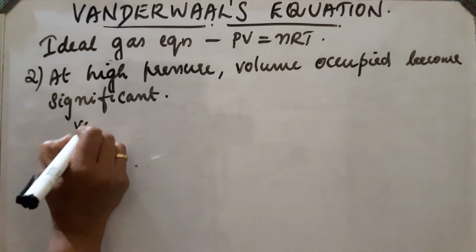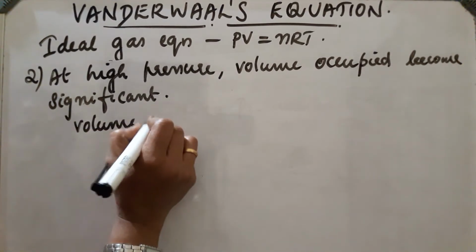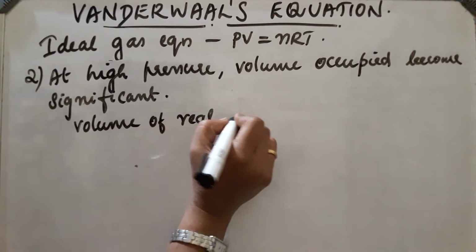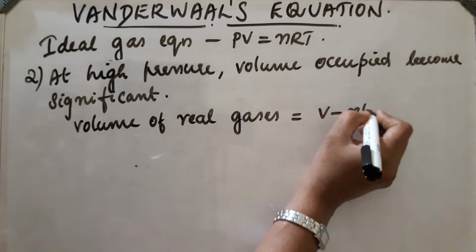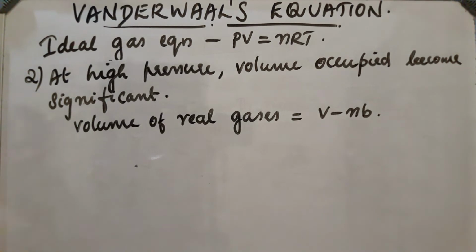Okay, so the volume of real gas will be V minus nb. n is the number of moles and b is the Van der Waals constant. So, the total volume of the molecules gets reduced. The volume of the real gases will get reduced from the volume of the ideal gases.